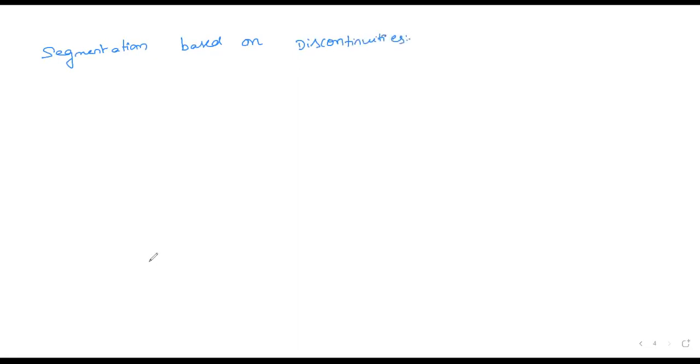Segmentation based on discontinuities is done by detecting isolated points, lines, and edges. It can be done using two ways.